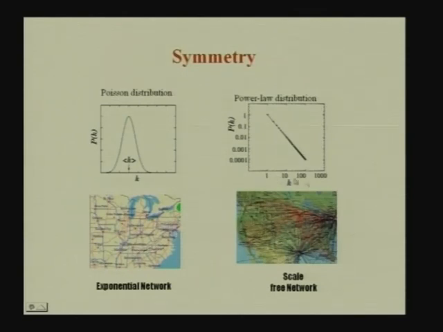If you take a log, you actually get a straight line. We will come to the exact point, but if you take a log and plot the degree distribution, then you will get a straight line. In common words, what is power law? Most have smaller degree, only a few have higher degrees.